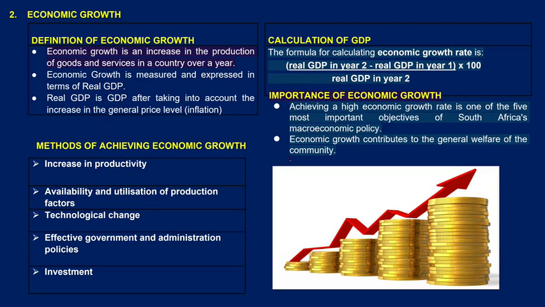The second one, availability and utilization of production factors. So economic growth can occur when the working population increases faster than the total population increase. In other words, more jobs are being created, or the jobs are created at a faster rate than what the population is growing.